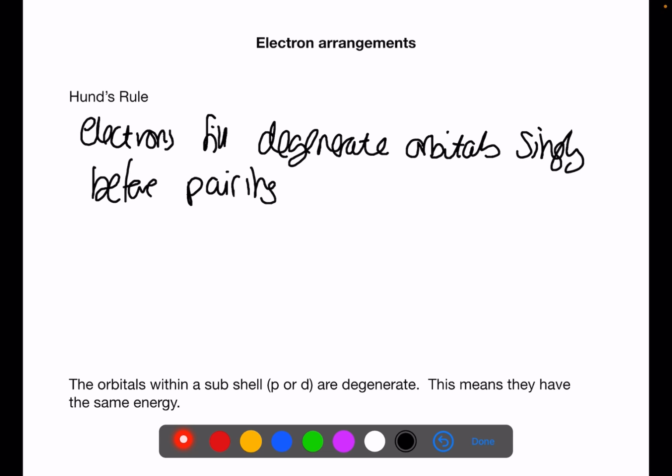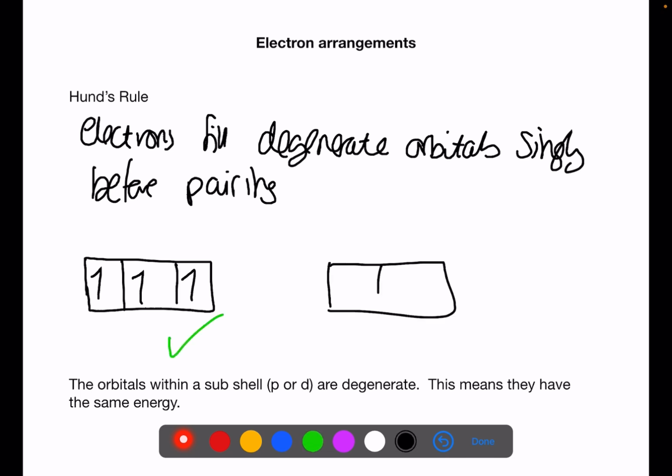So for example, if you've got your 3p orbitals, they'll do this rather than doing that. So they'll fill individual boxes until they're all full with one electron before they start pairing.